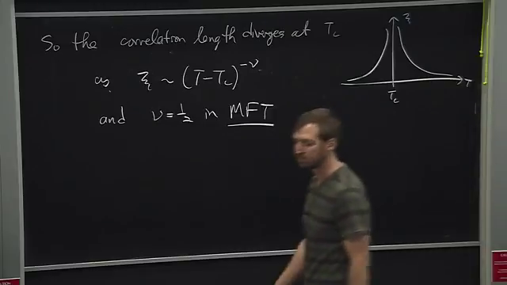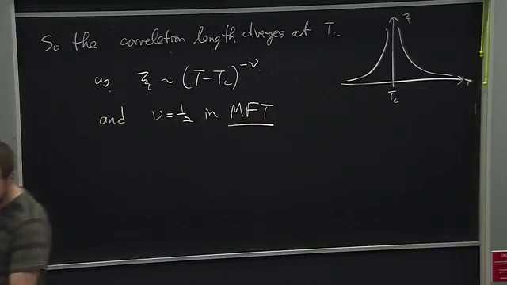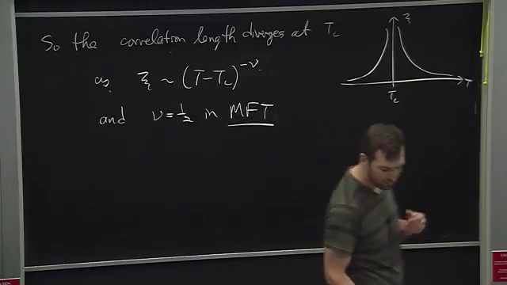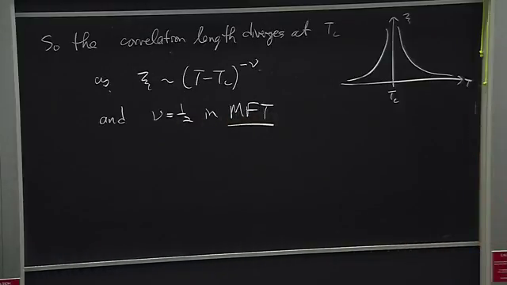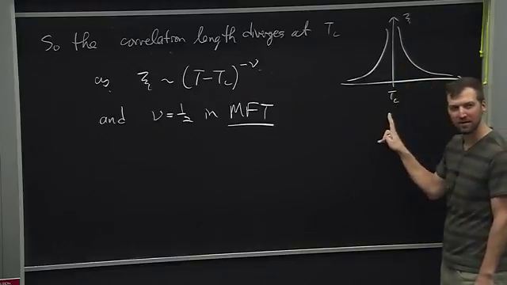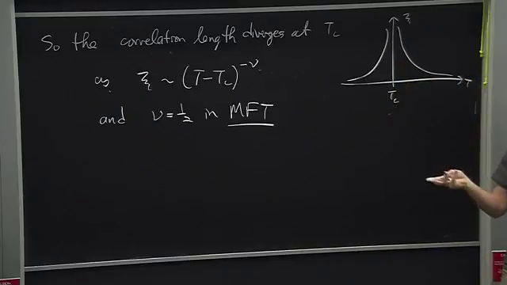What else do you have to know? Well, the fact that this goes to infinity at the critical point is the source of the scale invariance of a critical system that we're going to use to derive the renormalization group.